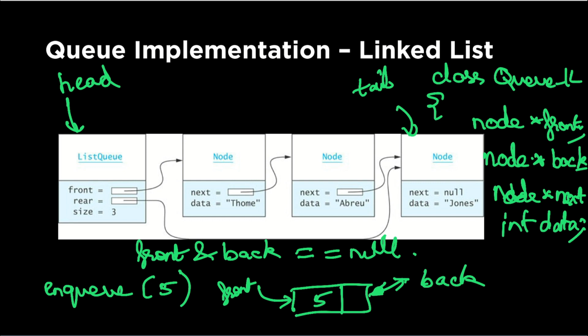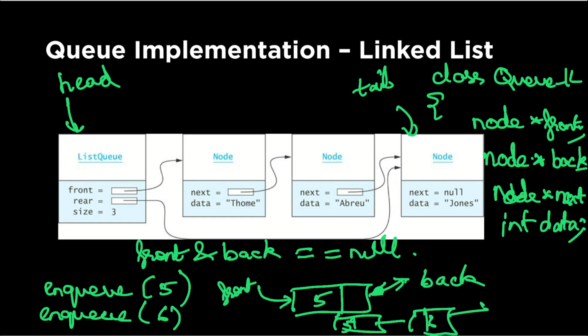Now if there are two elements, like let's say we try to do again NQ 6, we are going to add the element right at the end of the linked list, not in the beginning. So 5 will now point to 6.